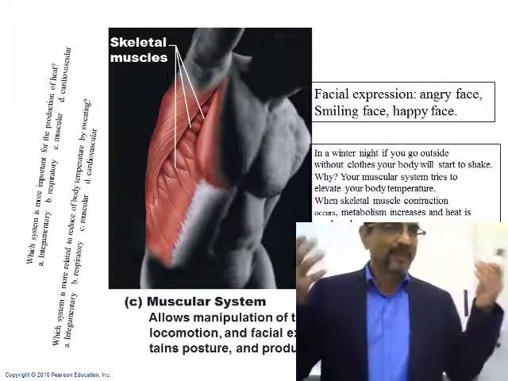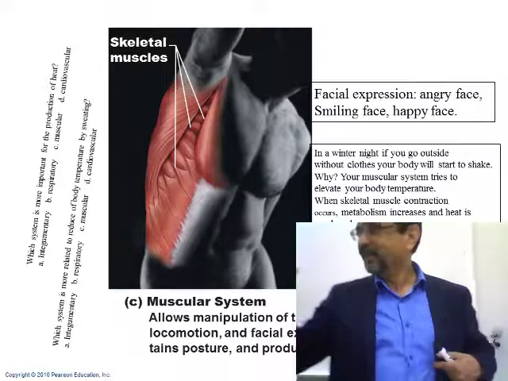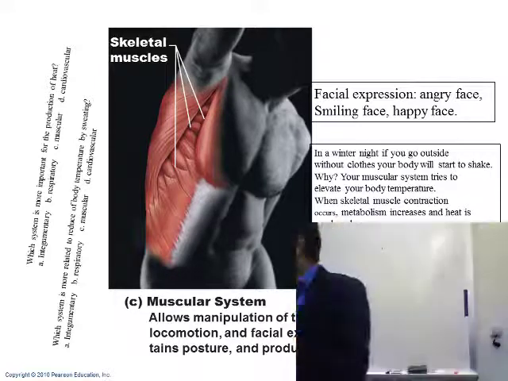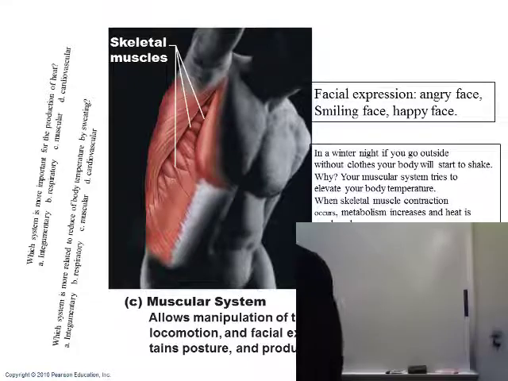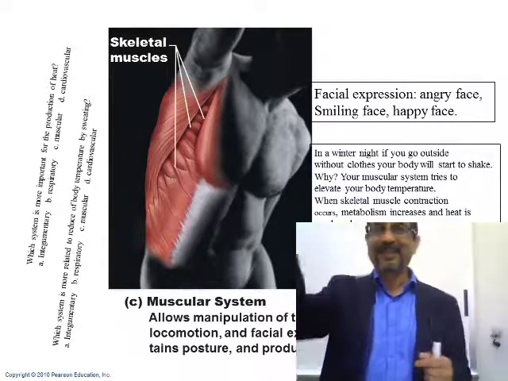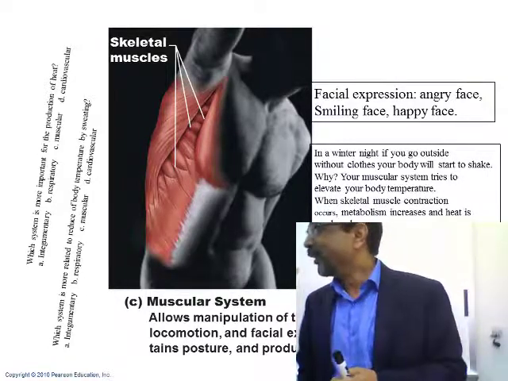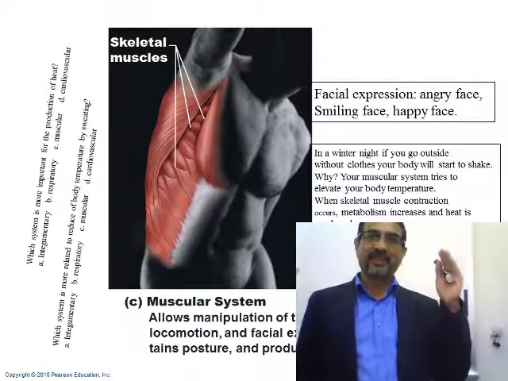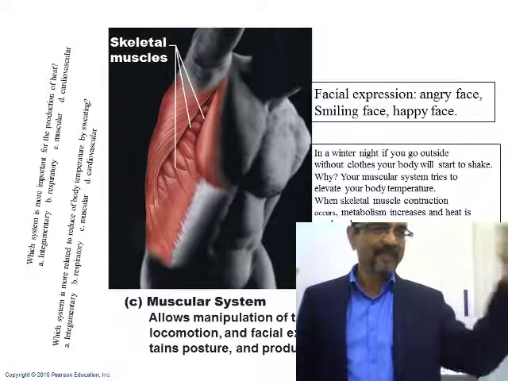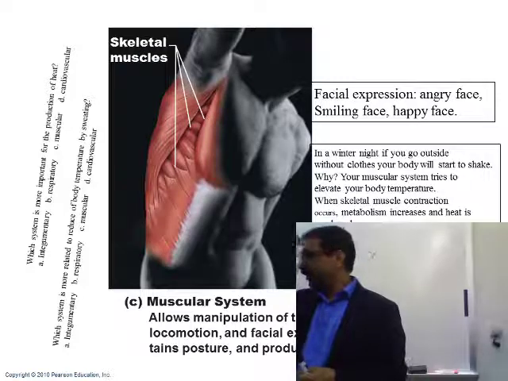That is facial expression, and I can tell by looking at your face if you are happy or sad, or depressed or angry. So those are the facial expressions: happy face, angry face, sad face, and those are given by those facial muscles.